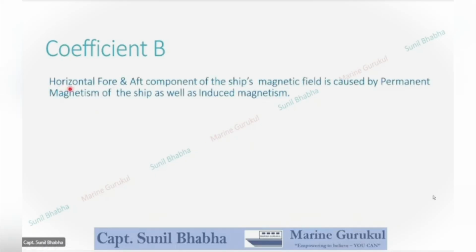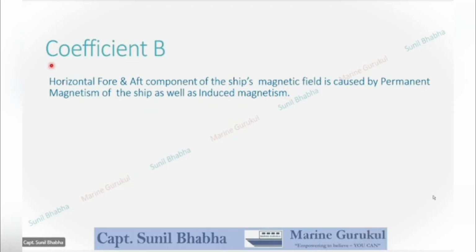Now, how is this component generated? Let us see. The horizontal fore and aft component of the ship's magnetic field is caused or generated by permanent magnetism of the ship as well as induced magnetism of the ship.